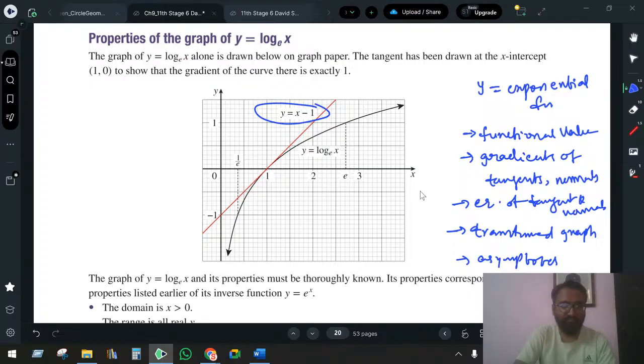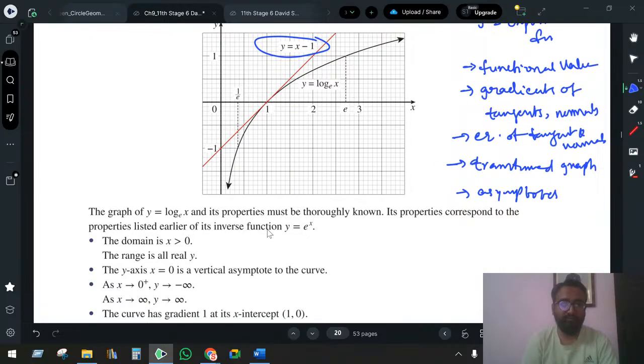evaluation. And what is the domain of this function? On the graph, this black graph is the graph of log x. And this is defined when x is greater than 0, up to infinity.